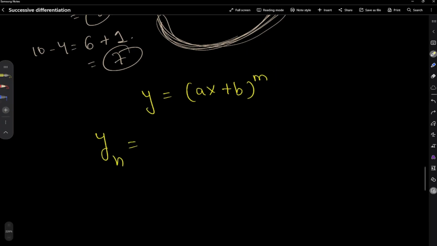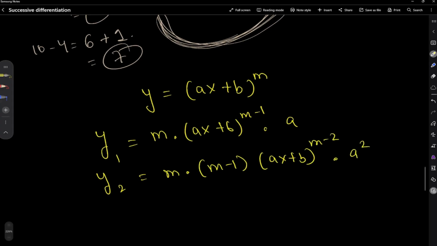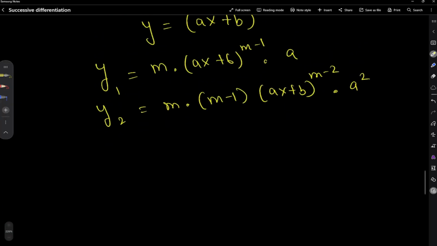So I'll just write it real quick. The first derivative, m times ax plus b raised to m minus 1 times a. I'll only write 2. m times m minus 1 times ax plus b raised to m minus 2 times a squared. Okay, so we have already solved for this, and we have already solved for this.